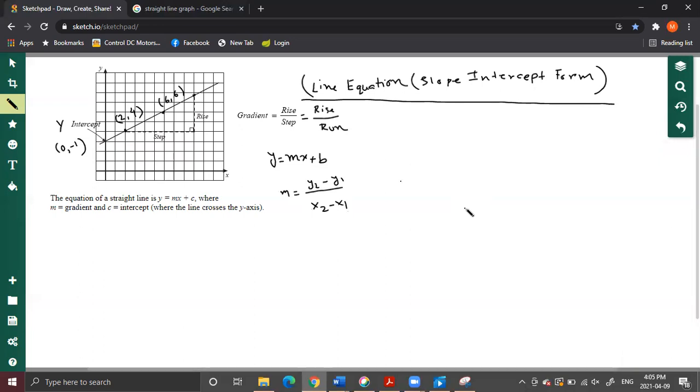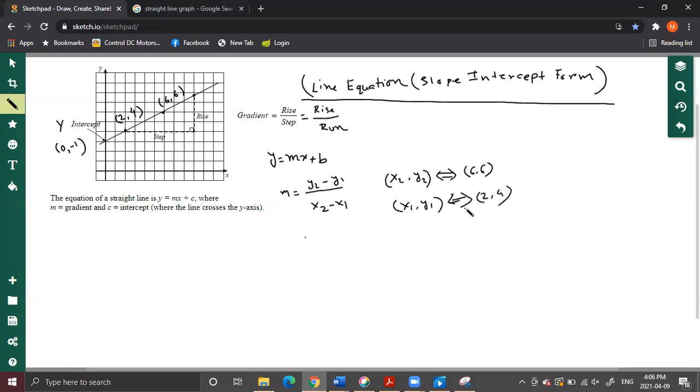So in our case, x2, y2 will be (6, 6), and x1, y1 will be (2, 4).